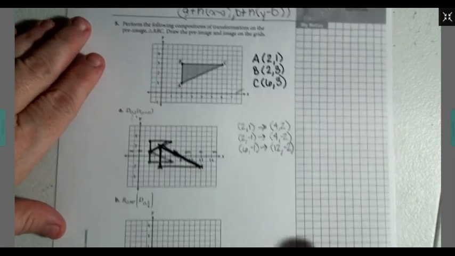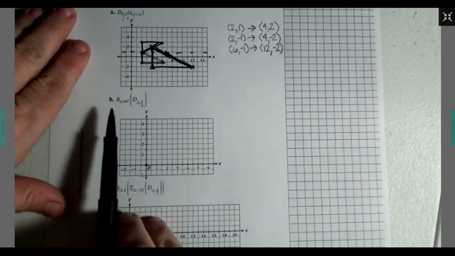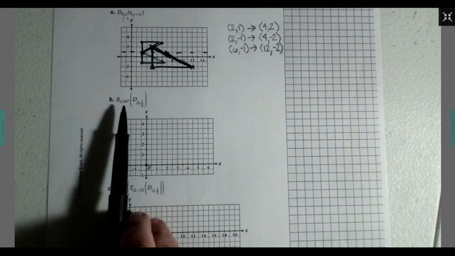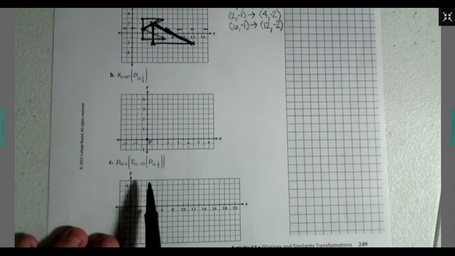I want you to work through B, which says do a dilation about the origin of 1/4, and then do a rotation about the origin 90 degrees. So that's going to be 90 degrees counterclockwise because it's positive. Then you've got, ooh, look at this one.